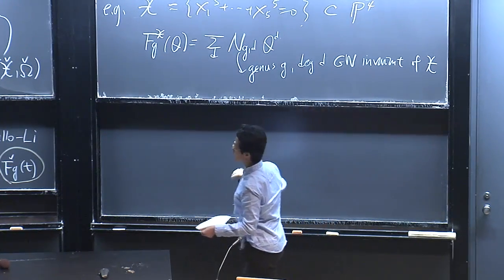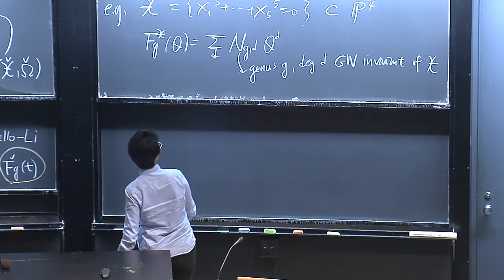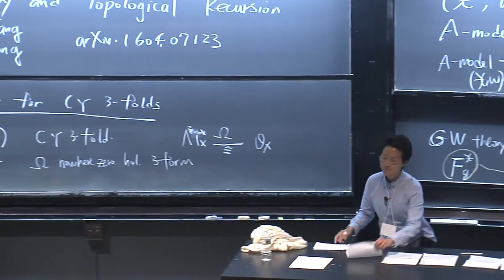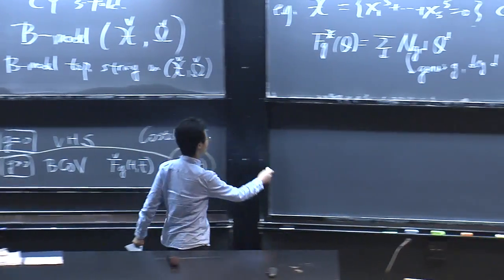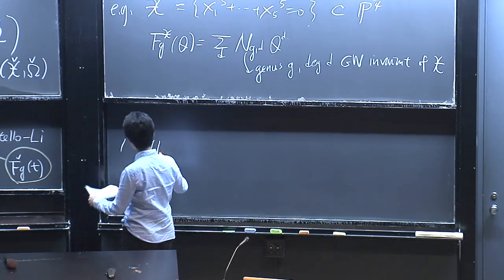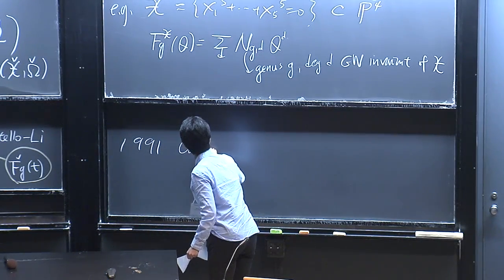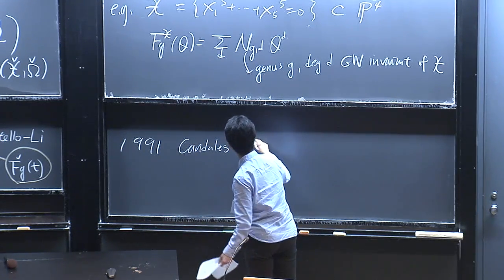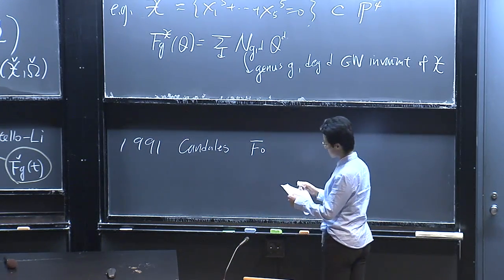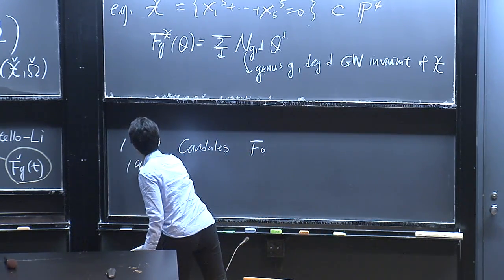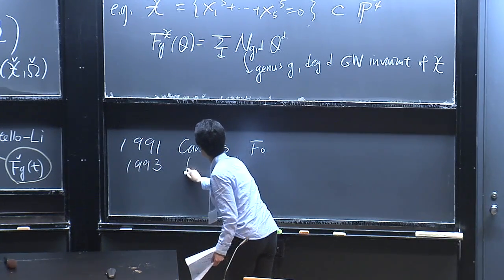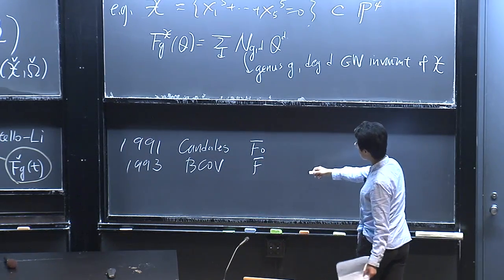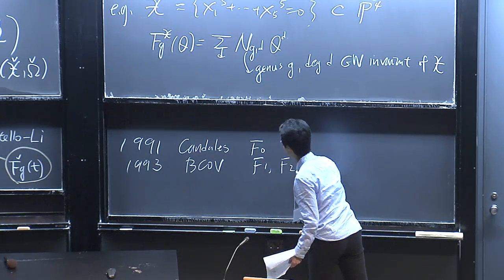And using this, there are mirror predictions. In 1991, Candelas, de la Ossa, Green, and Parkes gave the mirror conjecture for F_0, and in 1993 the conjectured mirror formula for F_1 and F_2, and probably more.